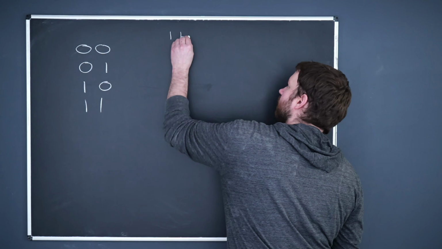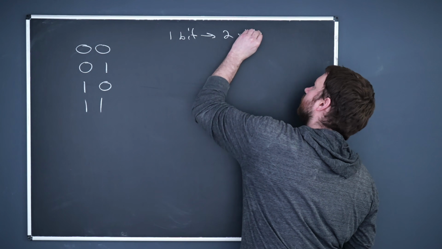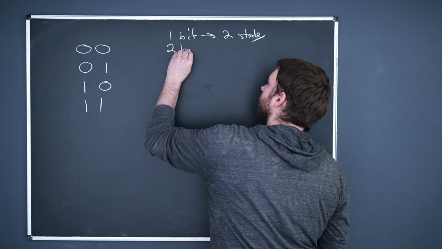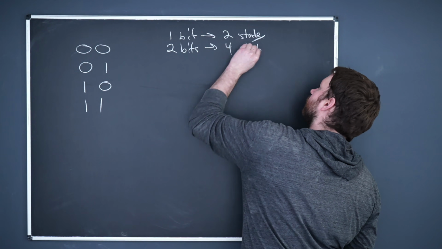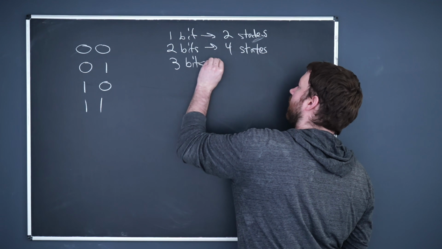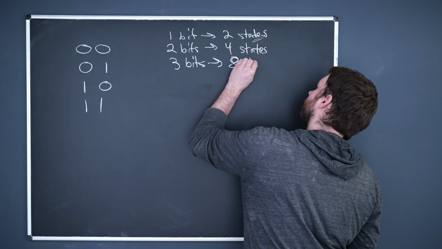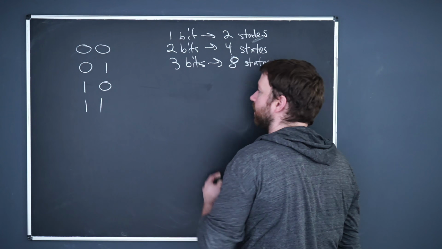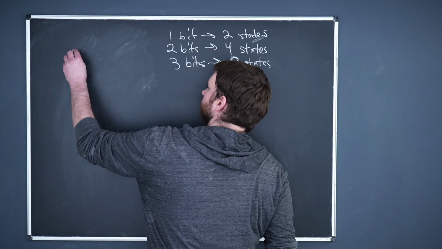So if we have 1 bit, it gives us 2 states. If we have 2 bits, it gives us 4 states. If we have 3 bits, it's going to be 8 states. So every time we add a bit, the total possible states doubles. So let's do this with 3 bits.